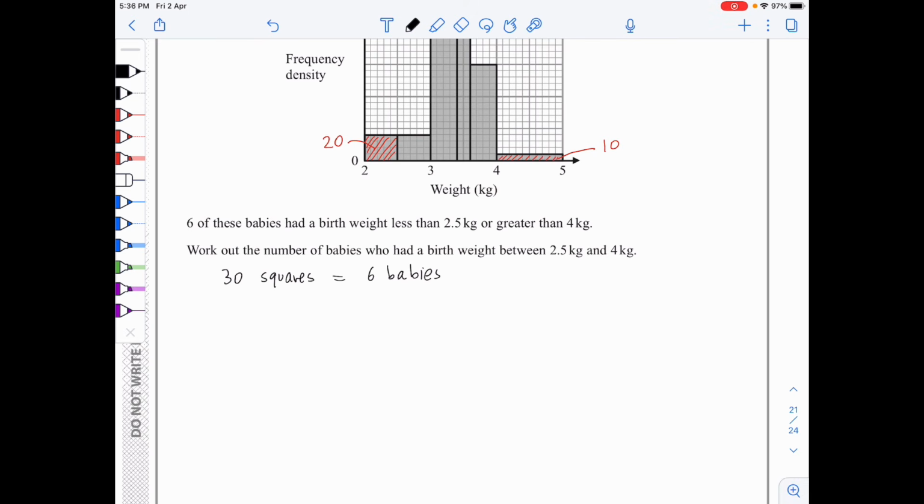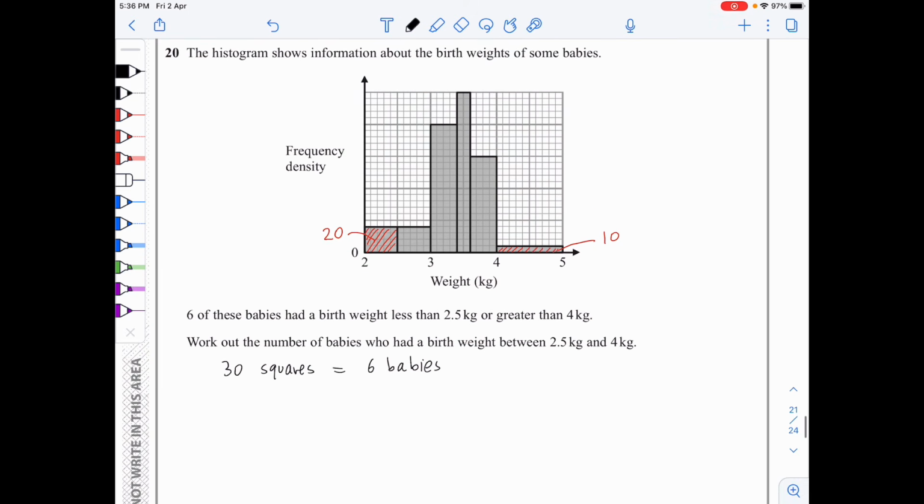So between 2.5 and 4 kilos, it's all of these. I need to determine how many small squares I'm dealing with. So I'm essentially looking at 4 rectangles, which I need to count how many small squares each one of them is. The first one is again 5 times 4, so 20.